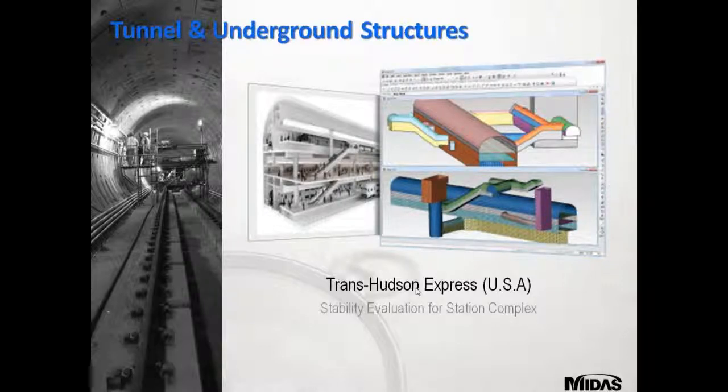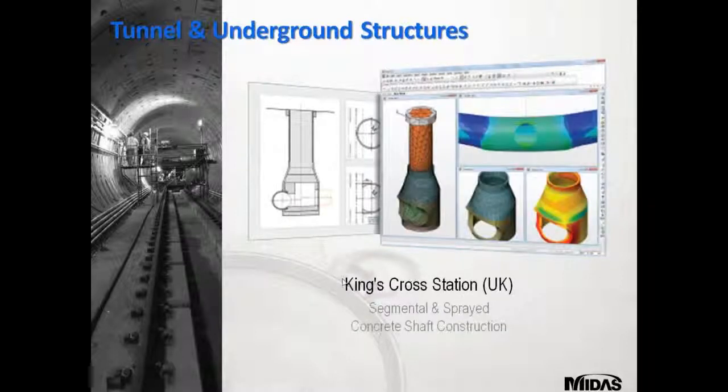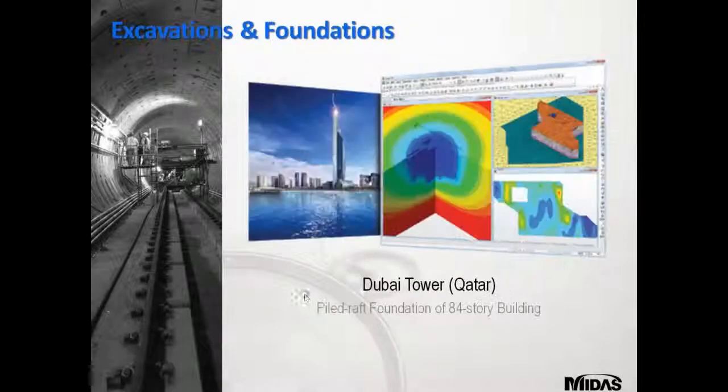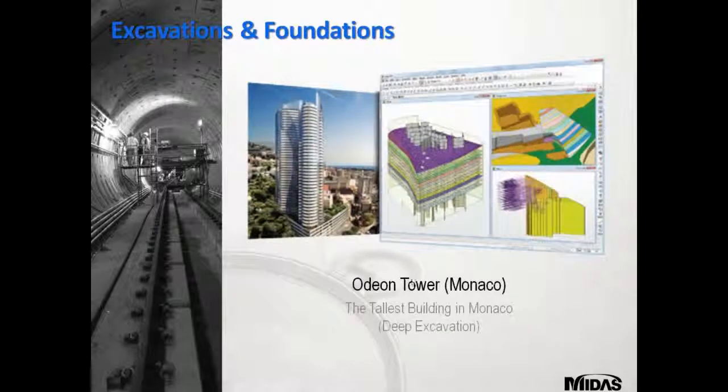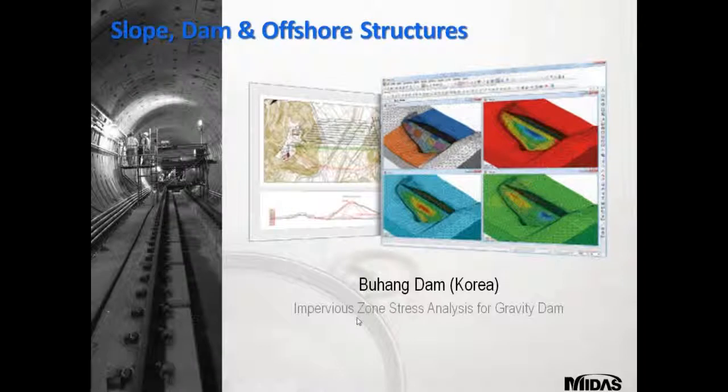The Trans-Hudson Express station in the USA, which is a very complex structure if you look at the screen. King's Cross station in the UK. The Dubai Tower in Qatar, which is a piled raft foundation of an 88-story building. Palazzo Versace, the Odeon Tower in Monaco. You can do also dam analysis.